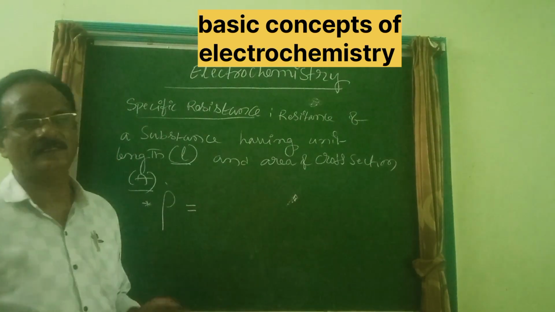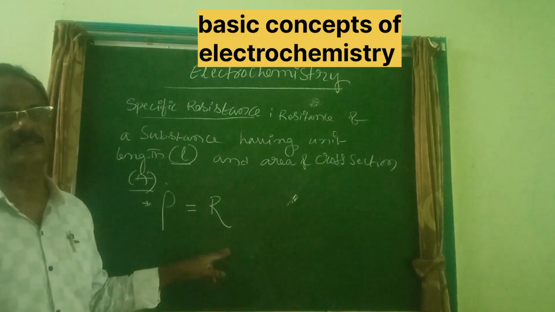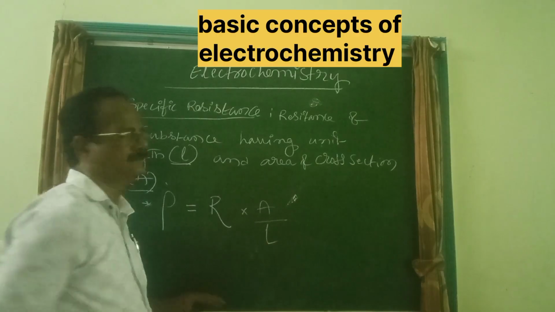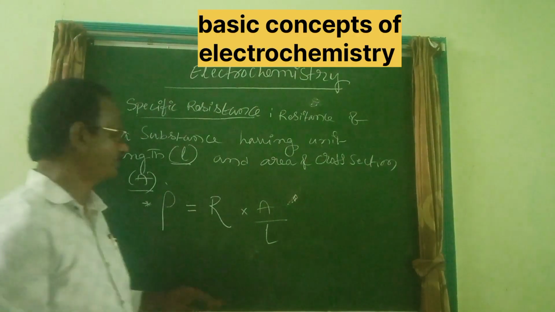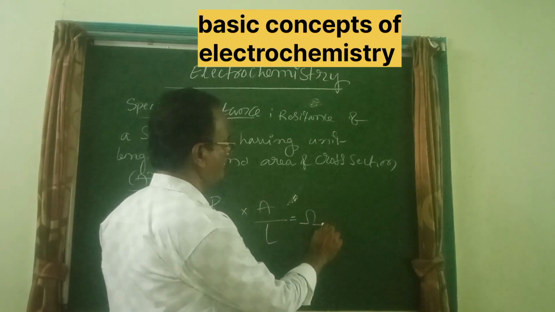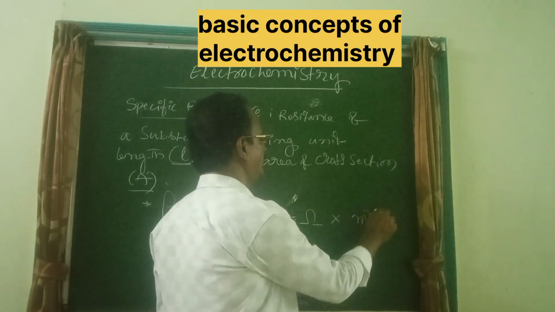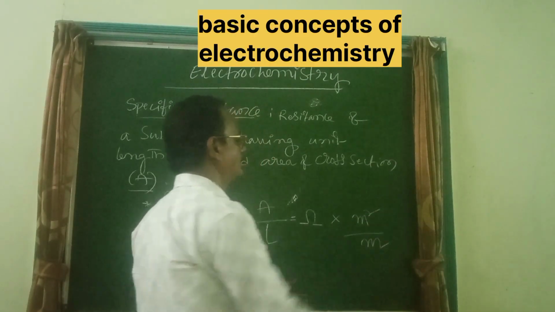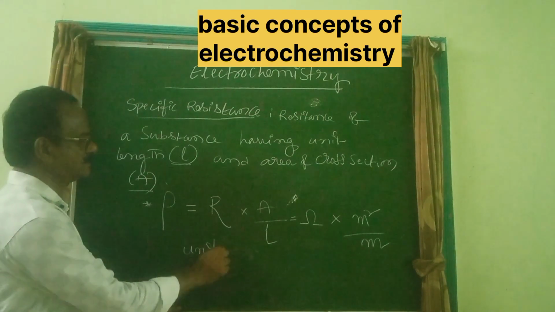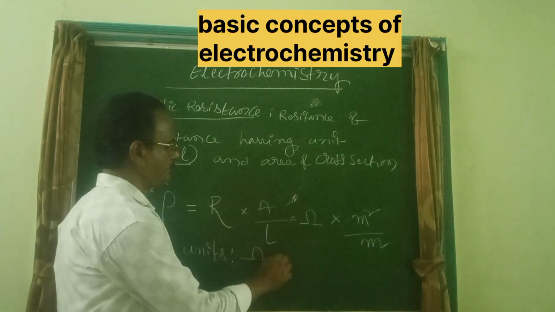Mathematically, it can be represented in terms of resistance. We know that resistivity is resistance R into A by L. As we know that the unit for resistance is ohm, area of cross section meter square and length m, the unit for specific resistance or resistivity is ohm meter.